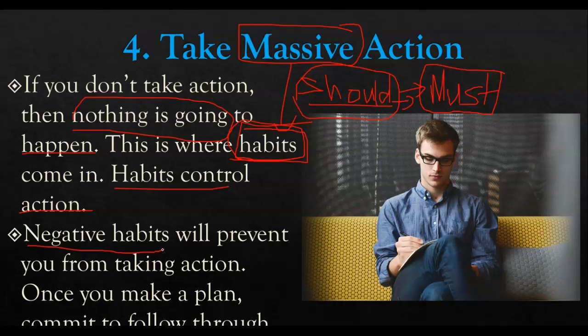You need to build positive habits. Why? Because negative habits will prevent you. For example, browsing social media. You know you need to go to the shop to distribute the bread, but your Facebook is not leaving you. They are negative actions, negative habits. So you need to build positive habits.